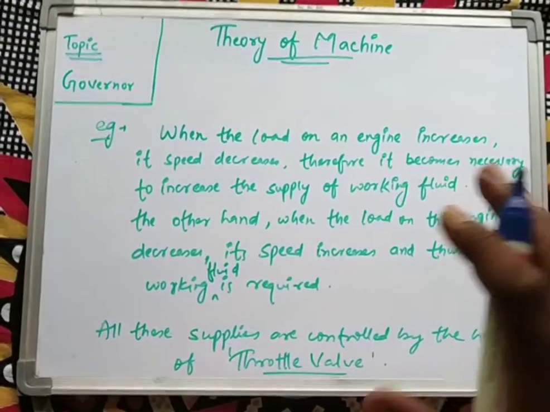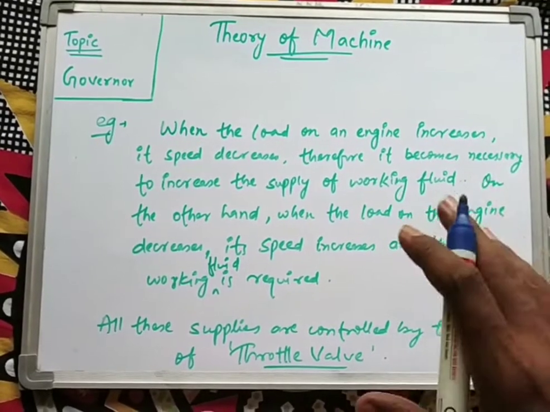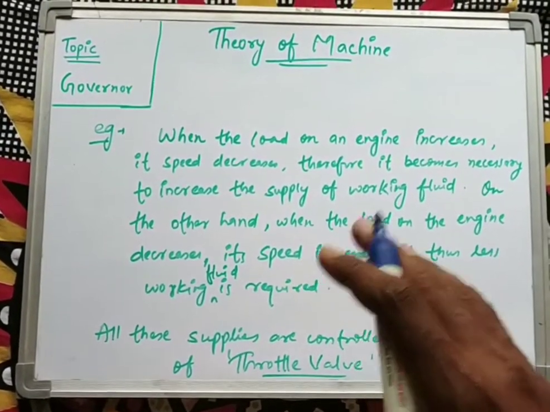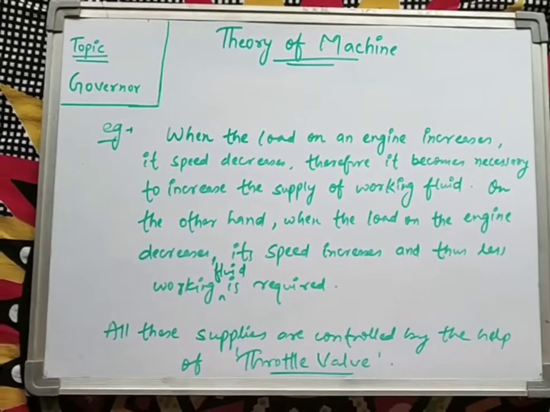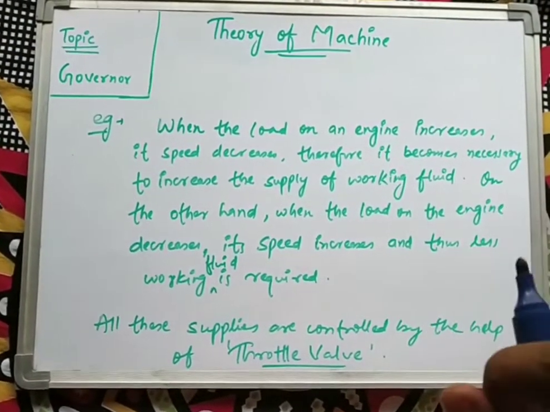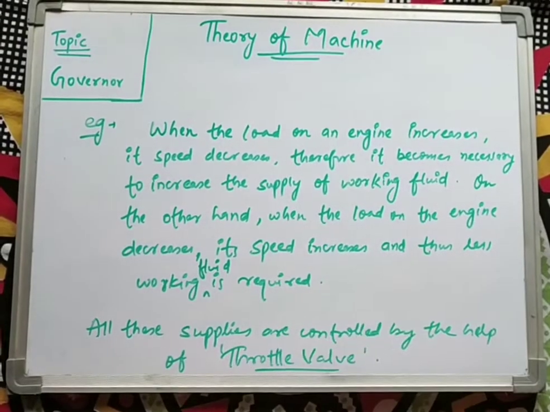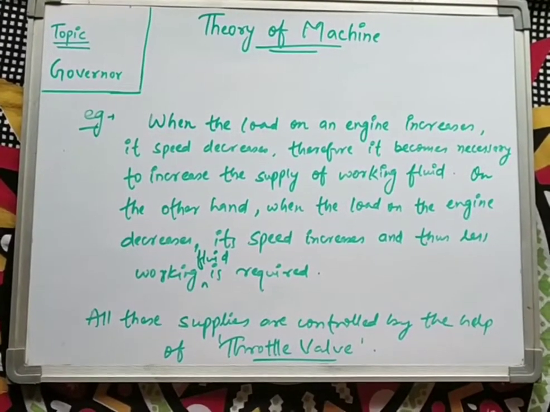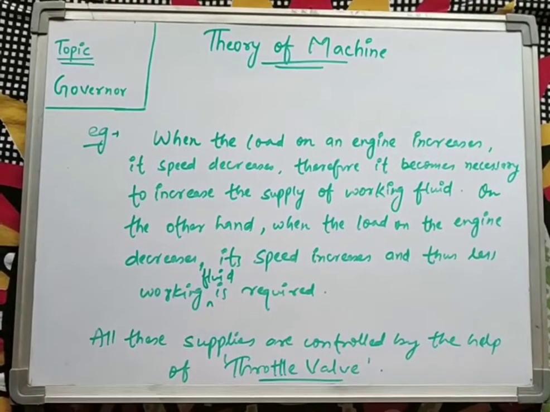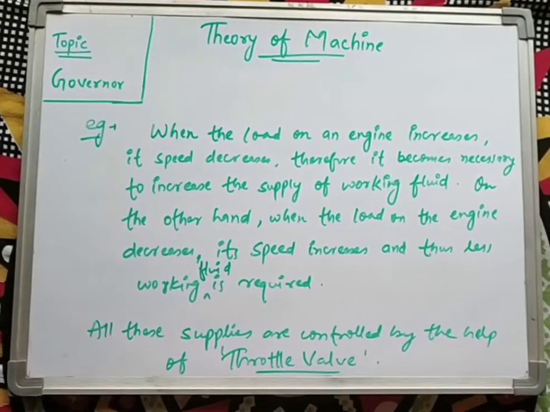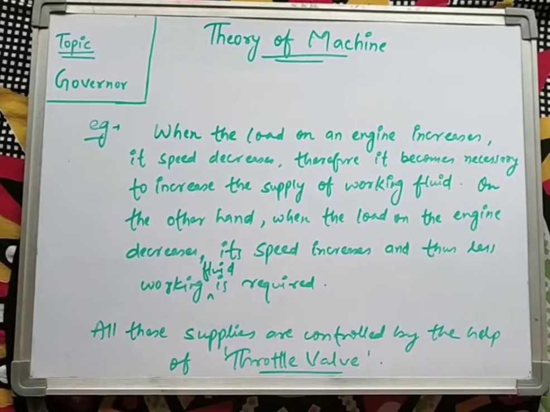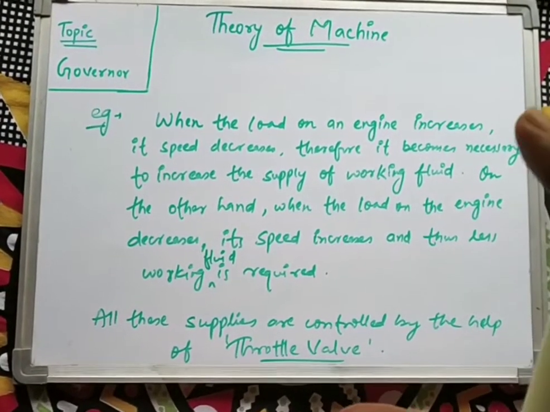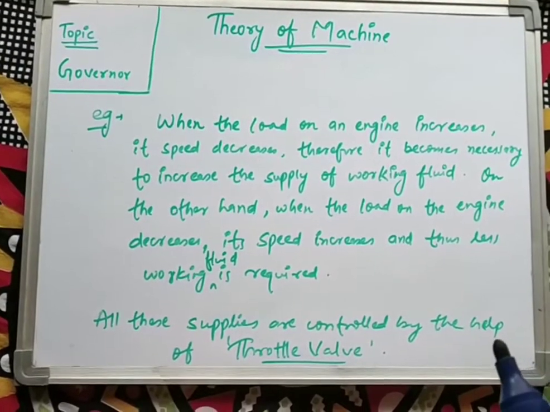But when the load on the engine increases and the speed decreases, the governor supplies the extra amount of working fluid. So in one line, we can say that the governor controls the supply of working fluid, and through that it controls the mean speed of the engine.